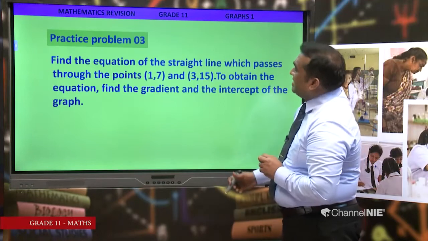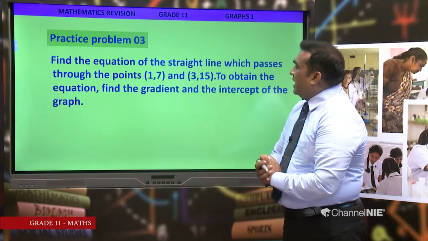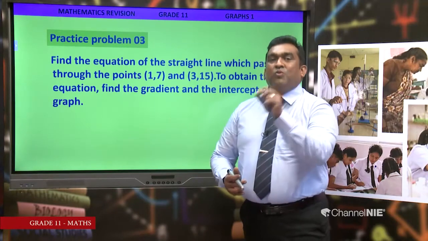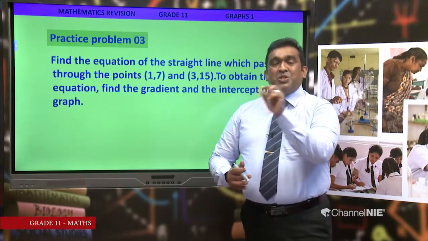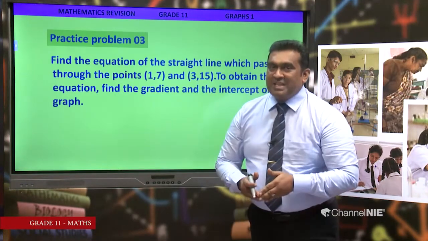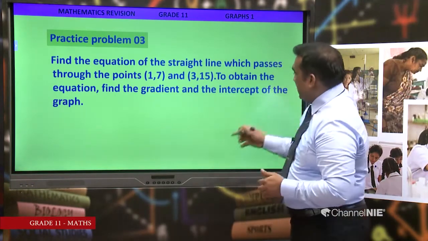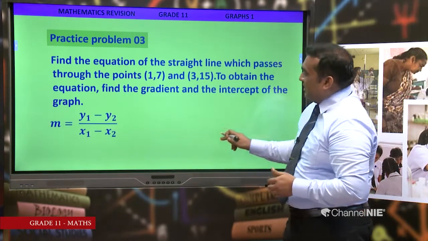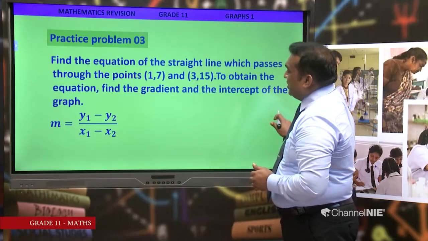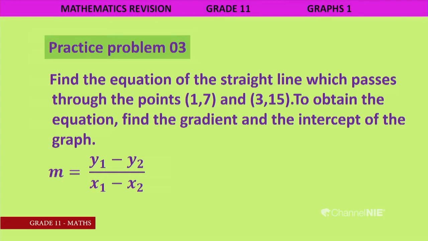Here it is easy to find the value of m because you have 2 points. 2 points means 2 y coordinates and 2 x coordinates. Then you can consider the difference of y coordinates and the difference of x coordinates. According to the definition, (y1 minus y2) divided by (x1 minus x2).